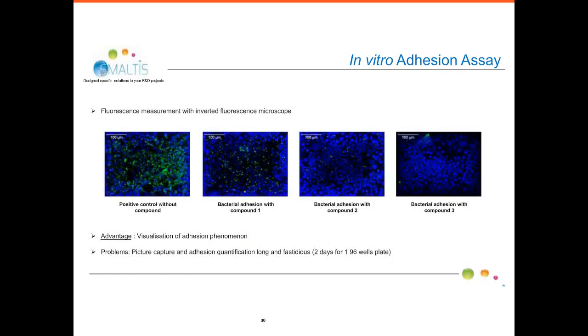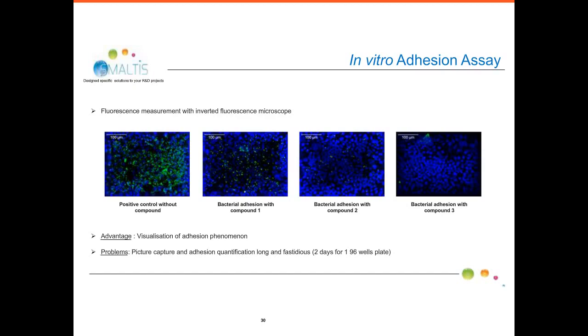As you can see in this picture, these are the results obtained with the microscope. Eukaryotic cell nuclei are colored in blue, and bacteria appear in green. If you look at the pictures from left to right, you can observe the impact of different compounds on bacterial adhesion.